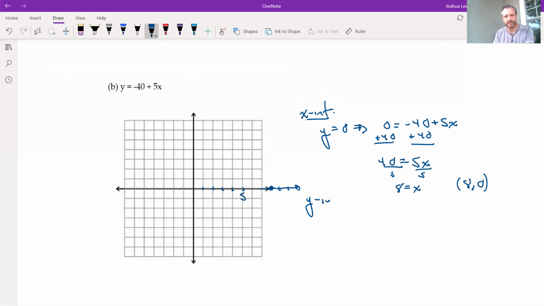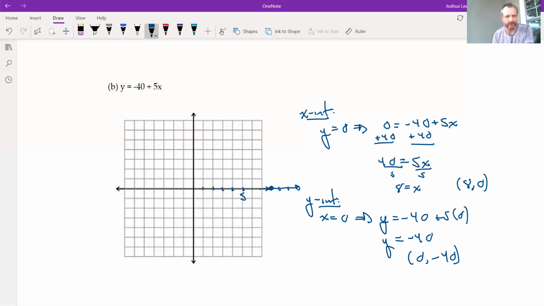But my y-intercept, let's see here, x is 0, which gives me y equals negative 40 plus 5 times 0, which is negative 40. So I've got the point 0, negative 40. Well, I don't have 40 spots here, but I can fix that.